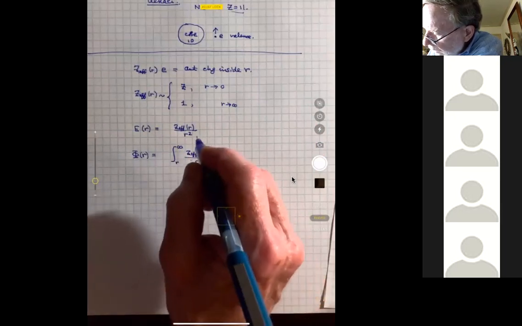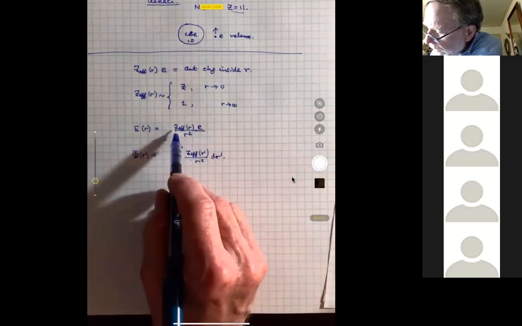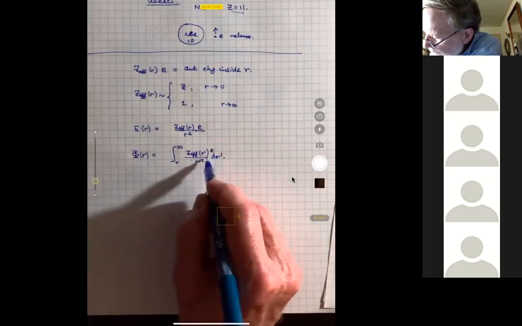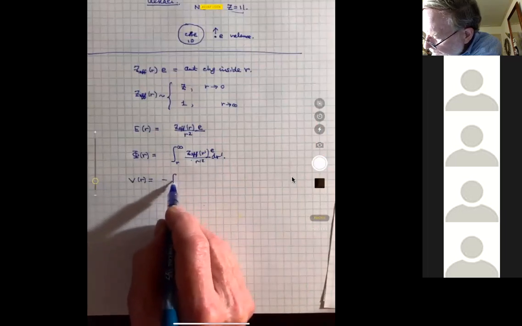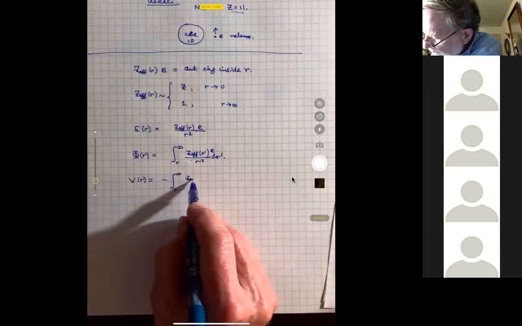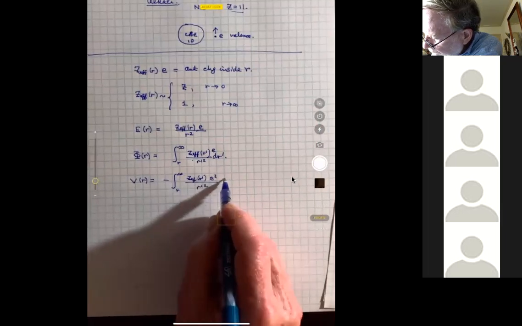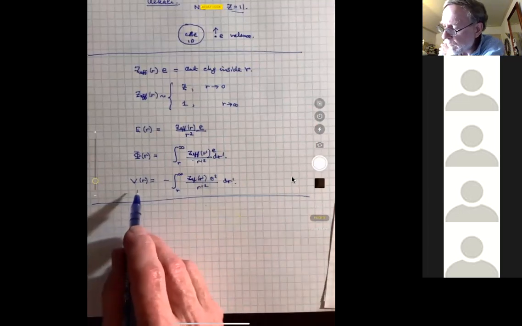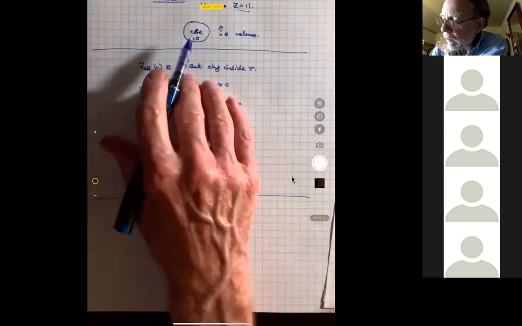Actually, I didn't say this quite right. I should multiply by the charge, the total charge is Z effective times e, that's the charge. And then this needs to be multiplied by e here as well. And so the potential V of r is basically the same integral with a minus sign, because the charge of the electron is minus e: V of r equals minus the integral from r to infinity of Z effective of r' times e squared divided by r' squared dr'. In any case, we now get a spherically symmetric potential V of r, which can be used in the radial Schrodinger equation for this model of the alkali.